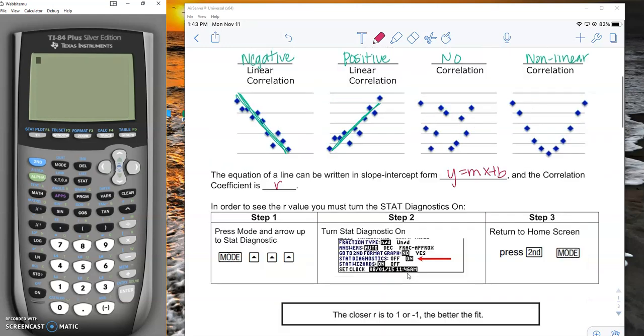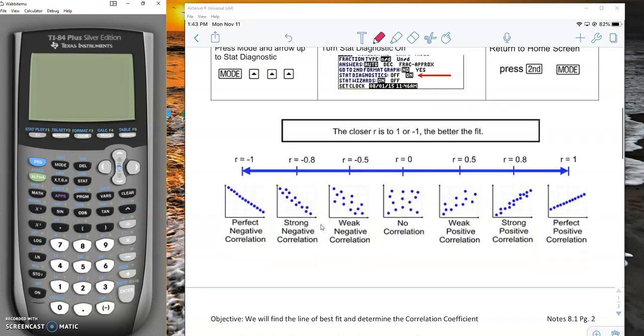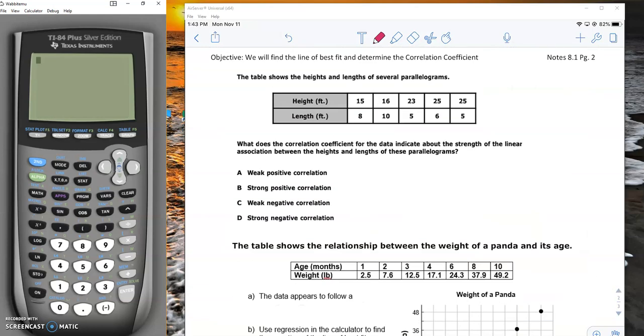So 0 matches the graph up at the top. And then we start going to 1. So 1 or -1 are perfect positive or perfect negative. And then anything between 0 and 1 is either strong if it's close to 1 or weak if it's further from 1.